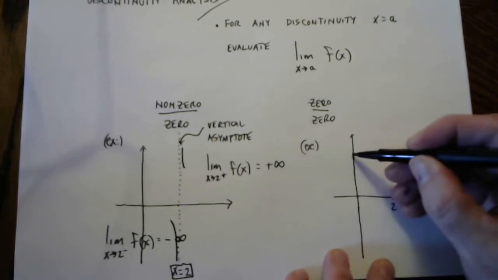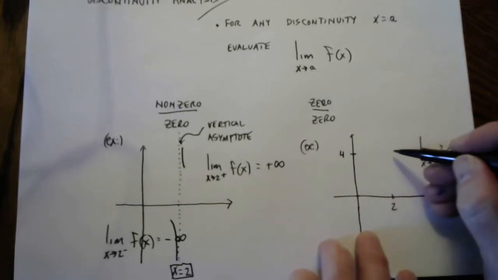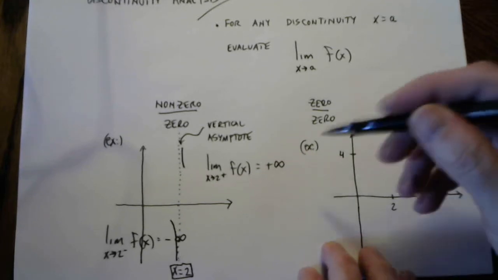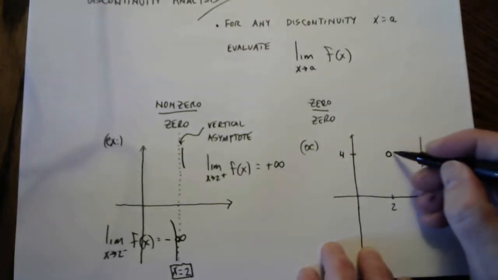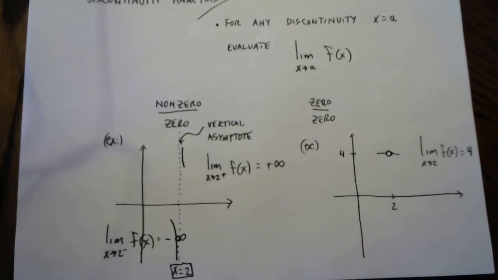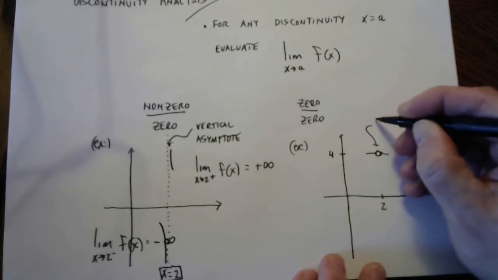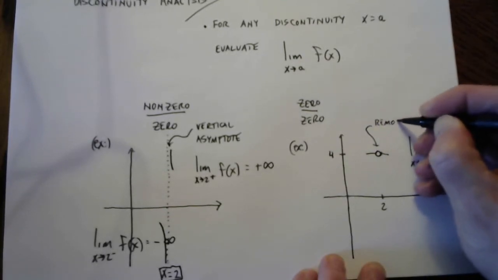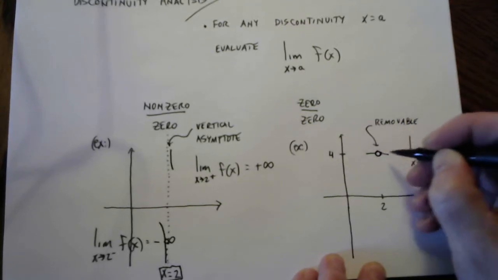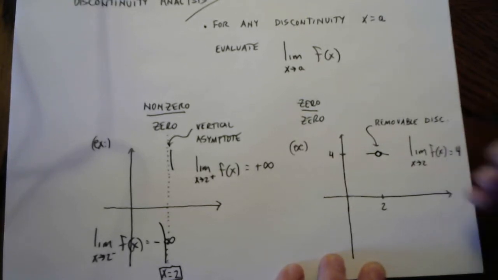That means as you approach 2, you're approaching 4 up here. But we're undefined at 2. That's why we're doing all this. So this is what you call removable. It's one of those open circles that we had when we played around with the graphs of this stuff. It's a hole. It's a gap. It's an open circle. It's a removed point, essentially. Removable discontinuity.